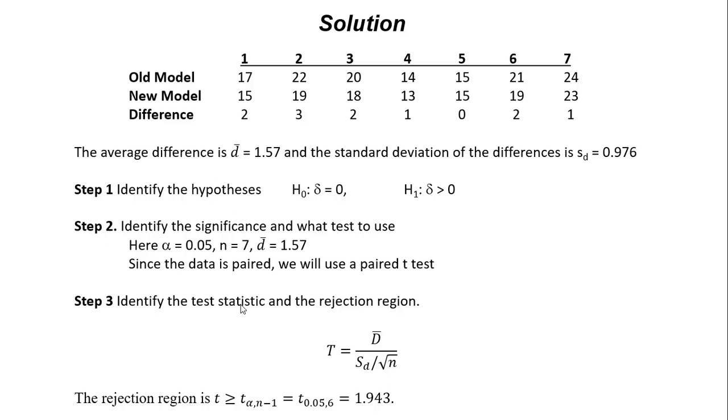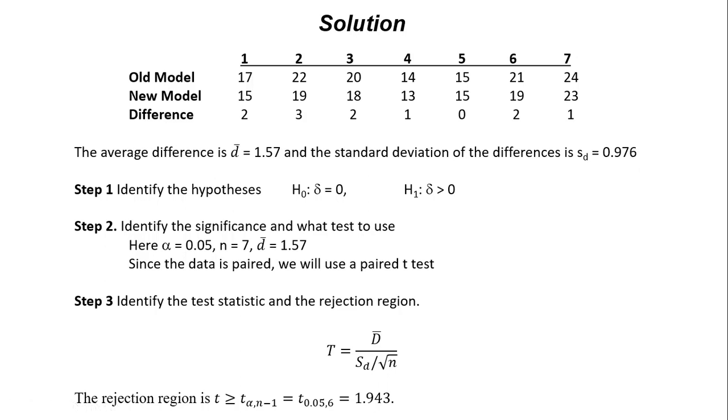You can see here, these are the differences in assembly time. 17 minus 15 gives us the 2. 22 minus 19 gives us the 3. So now if we were to take the average of these differences, we get d bar. It turns out to be 1.57. And the standard deviation of the differences is 0.976.